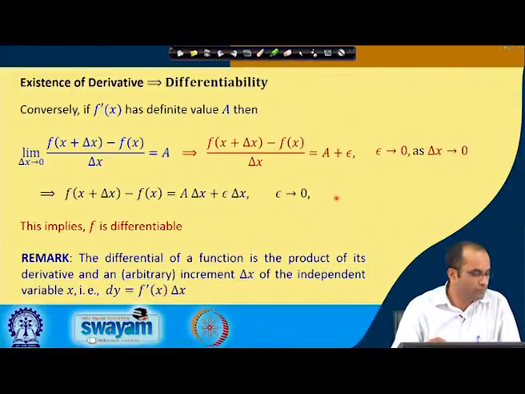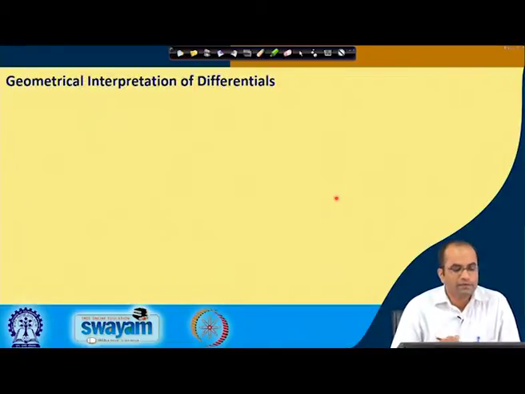Well, moving next to the geometrical interpretation of the differential. What do we mean here in geometry?